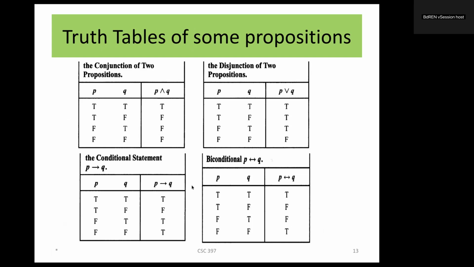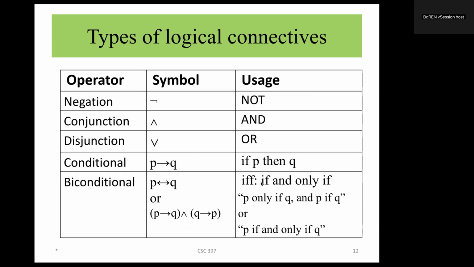And also we have the biconditional example. So biconditional here is actually called the only if. So if and only if. So P only if Q and P if Q, or P if and only if Q. So this is called the biconditional.